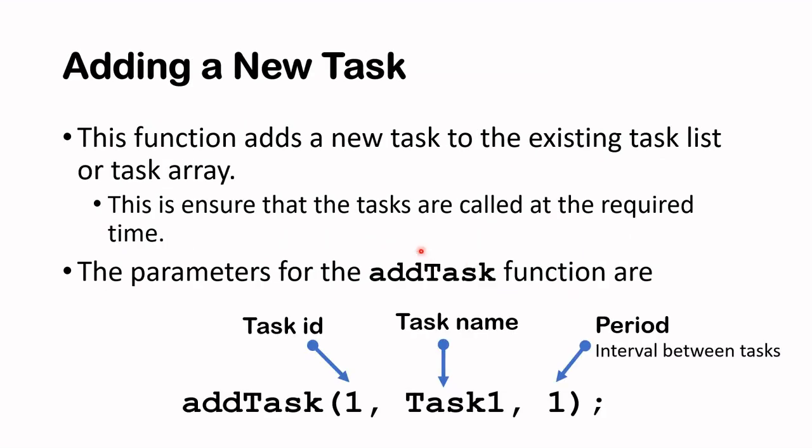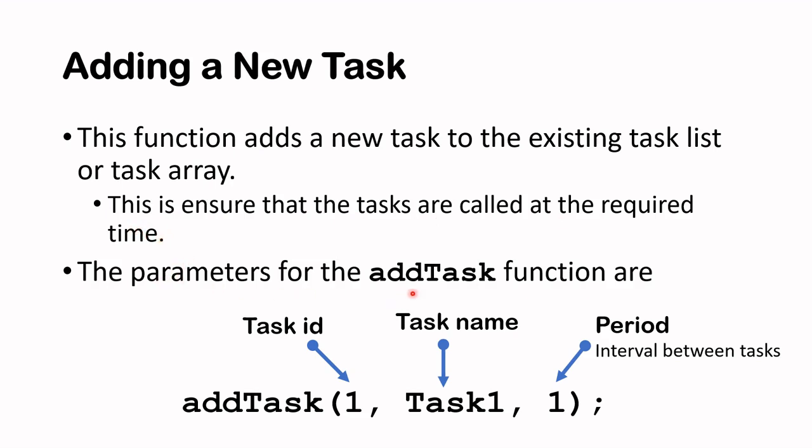Now, as mentioned earlier, the function basically adds a new task to the existing task list or task array. Now, this is to ensure that the tasks are called at the correct or required times.